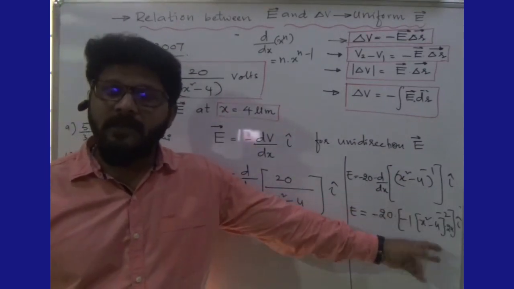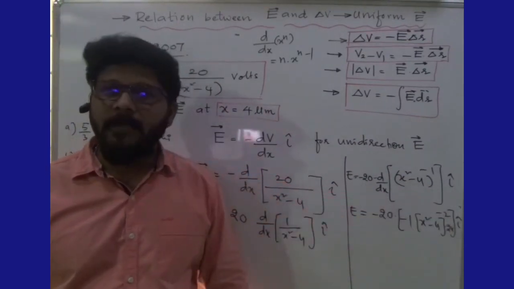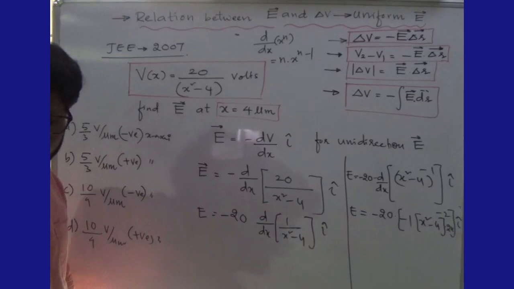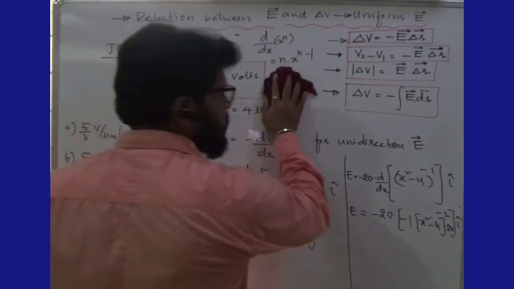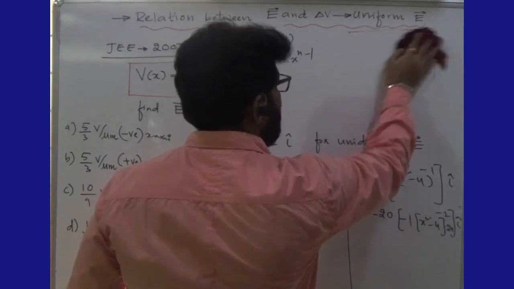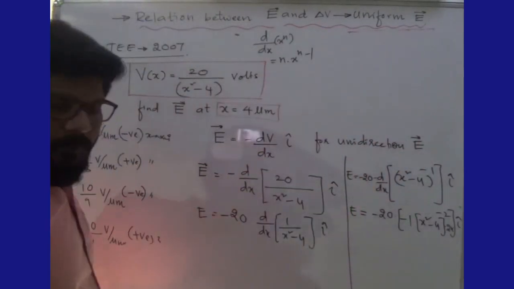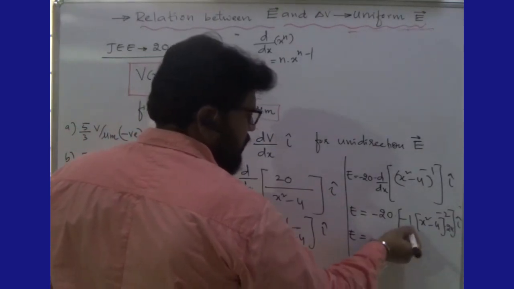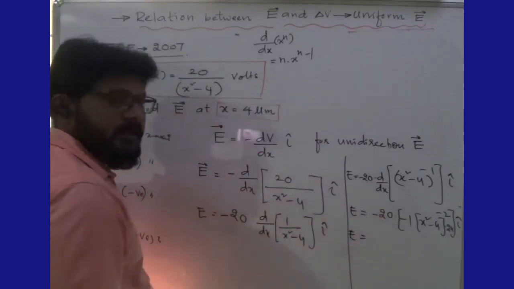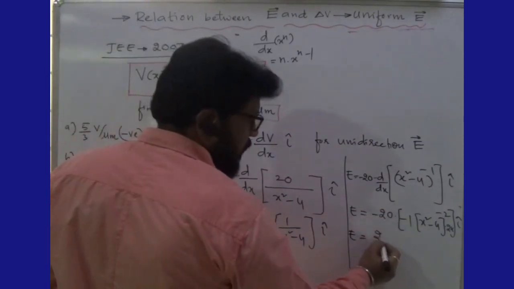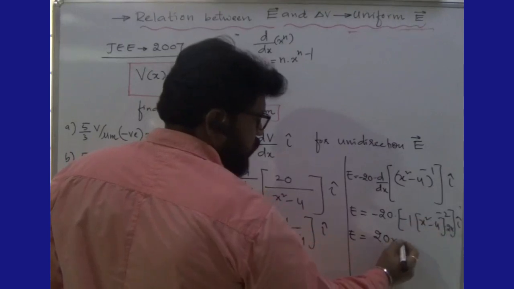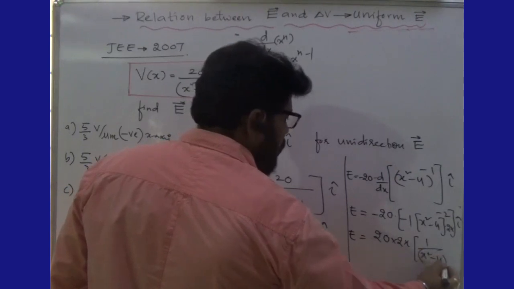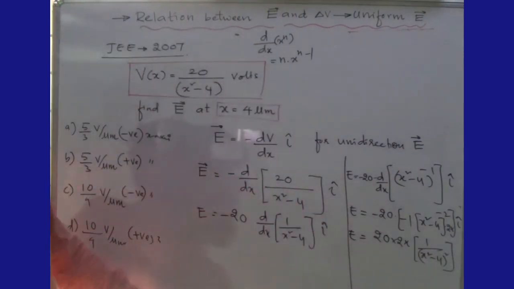Then we differentiate the x square term inside. Now minus of minus will become plus, so E is equal to 20 into 2x into 1 by x square minus 4 whole square. Till that point I got it.